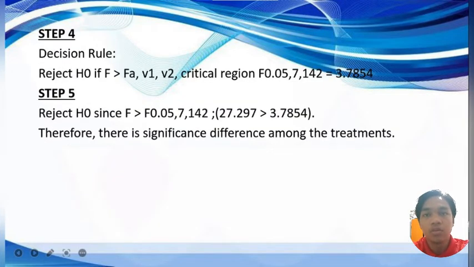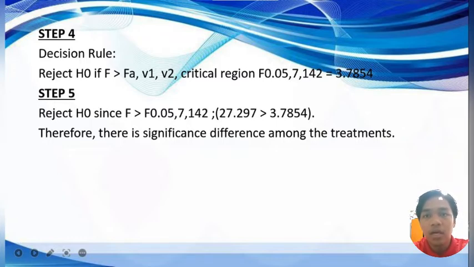Decision rule: reject H0 if F is bigger than F alpha, V1, V2. Critical region F 0.05, 1, 42 equals 3.7854.